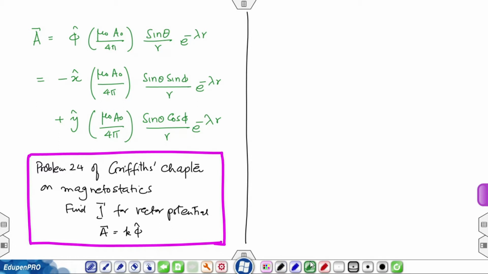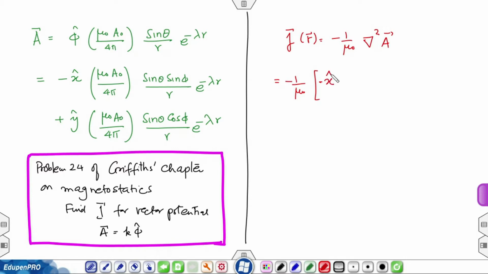So, now finding J is very easy. I will write J(r) is equal to minus 1 over mu 0 del square of A, which in our case then will become minus 1 over mu 0.